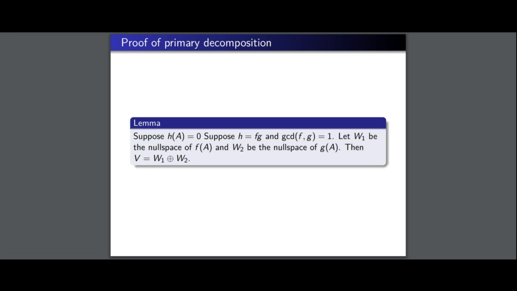Okay, and one way we know to get a polynomial which when you plug in A gives you 0 is a characteristic polynomial.